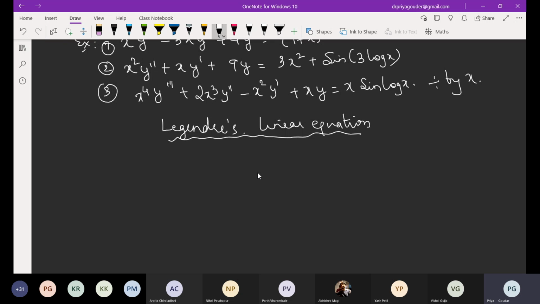Then it was called Cauchy's. X to the power n. Dy by dx was attached to x; if it is y double dash, attached to x square, like that. So in Legendre, instead of x, you will be having ax plus b. Here you will be having the form ax plus b. It may be 2x plus 3, 2x minus 1, 3x plus 2, like that. Are you getting it?